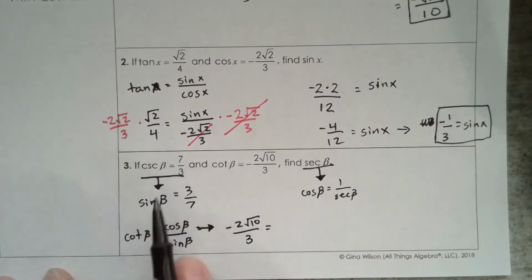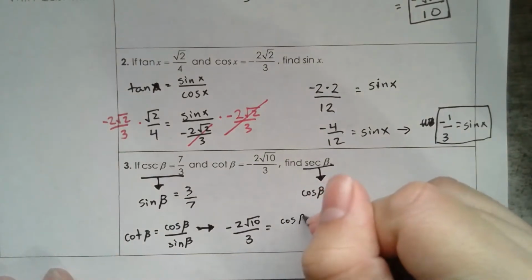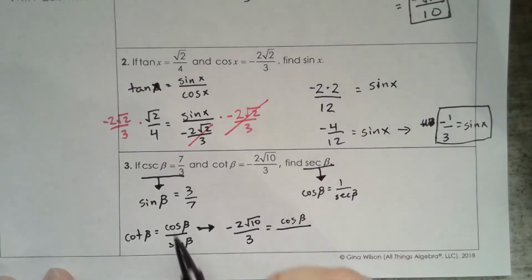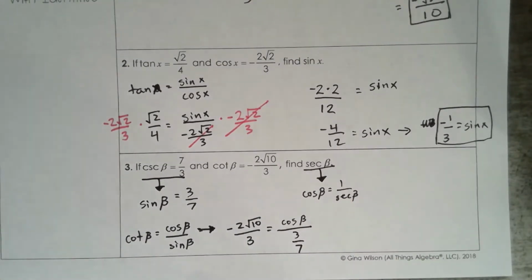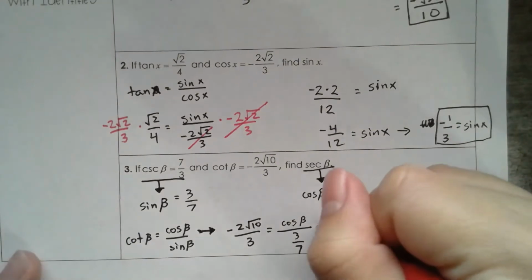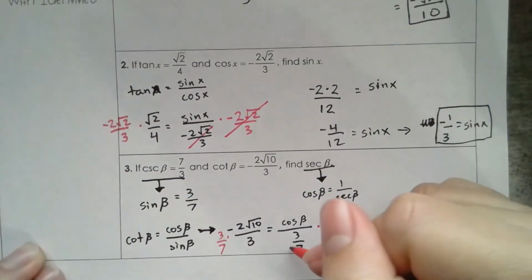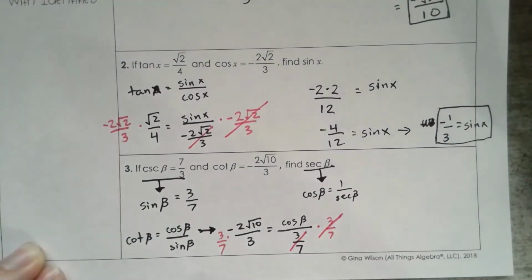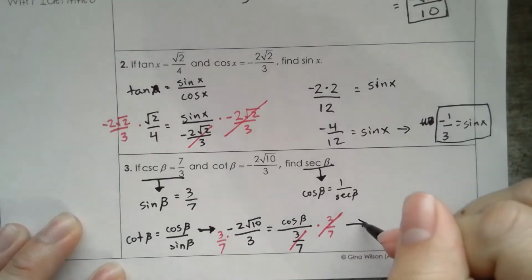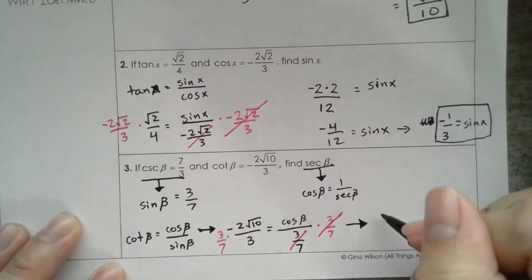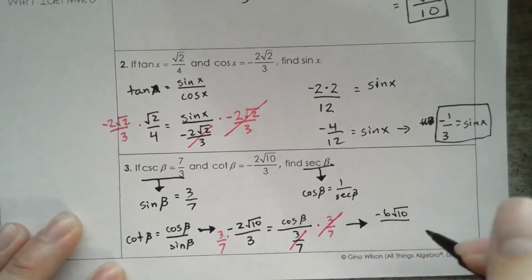So cosine beta on top, all over sine beta, which is 3 over 7. Multiply both sides by 3 over 7. They cancel out there, and I'm going to have negative 6 square root 10 over 21. That's equal to cosine beta.